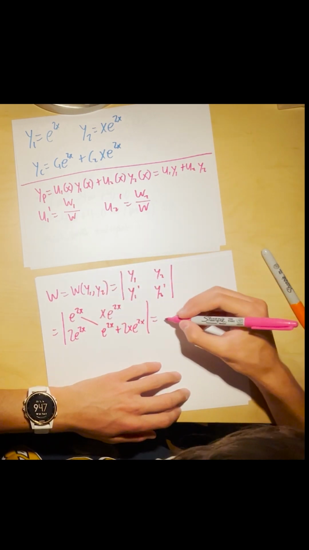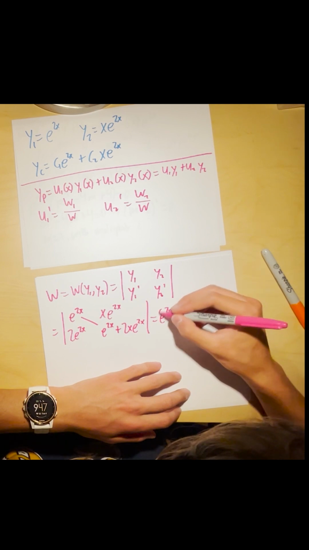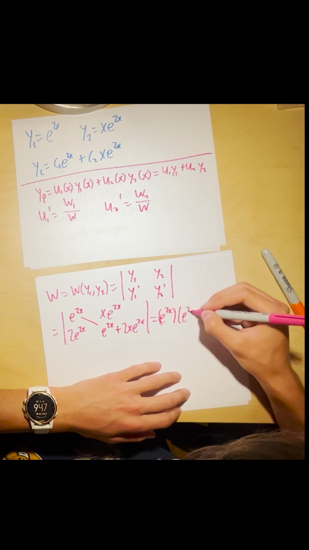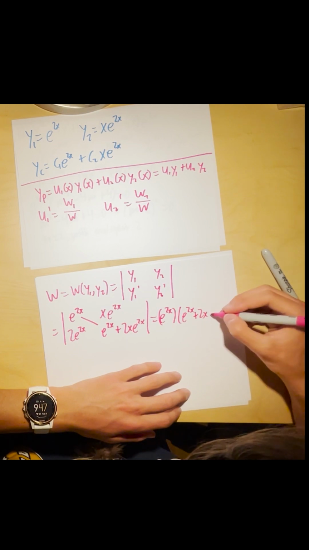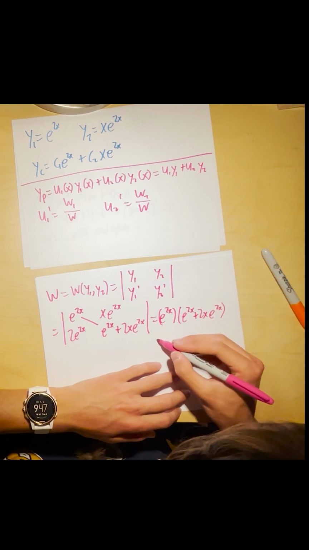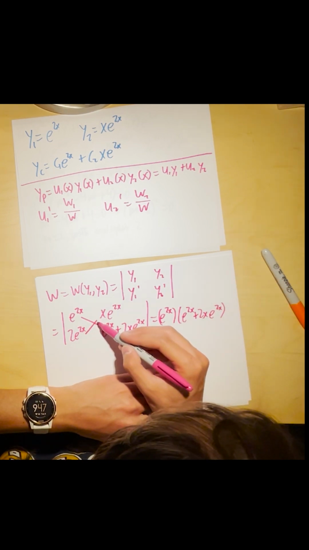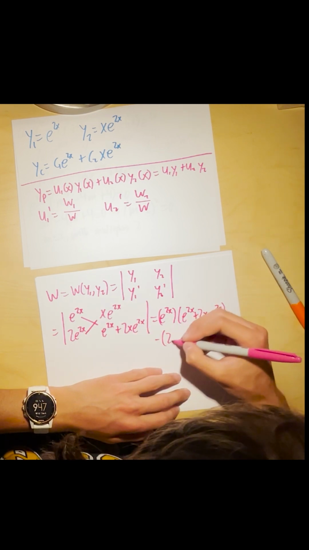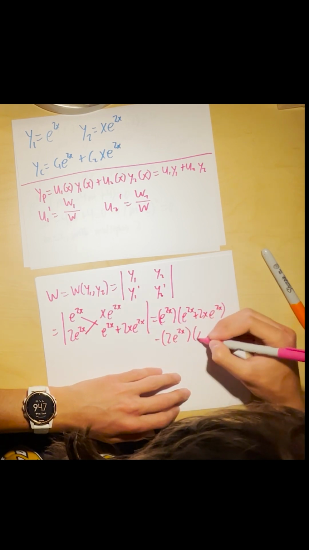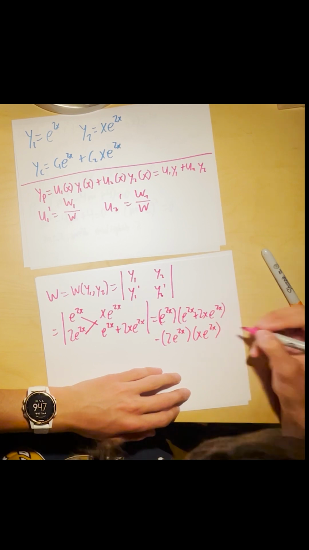So we'll do this cross first: e to the 2x times e to the 2x plus 2x e to the 2x, writing this below, minus, for the other cross, 2e to the 2x times x e to the 2x.